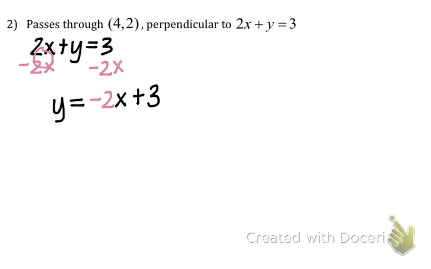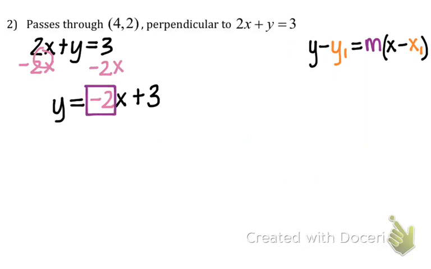Now I am able to continue on and to use point slope form, as you can see, to find my equation with a perpendicular slope. So again, in point slope form, I need two things, a point and a slope. So my point, first of all, my slope is going to be the opposite reciprocal of -2.